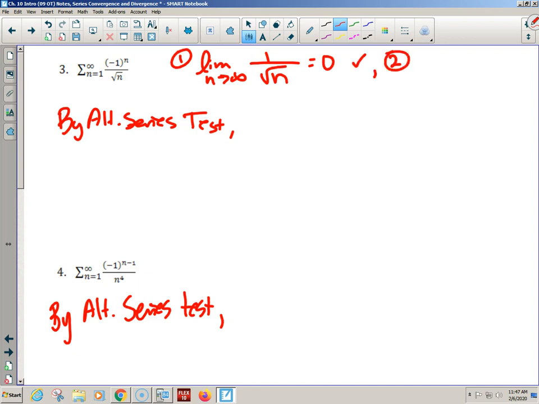No, but that's going the right direction, but only for alternating series. Number 2 says the nth term, just kidding, the n plus first term needs to be smaller than or equal to the previous. Is that true? Yes, for all positive integers, 1 to infinity.